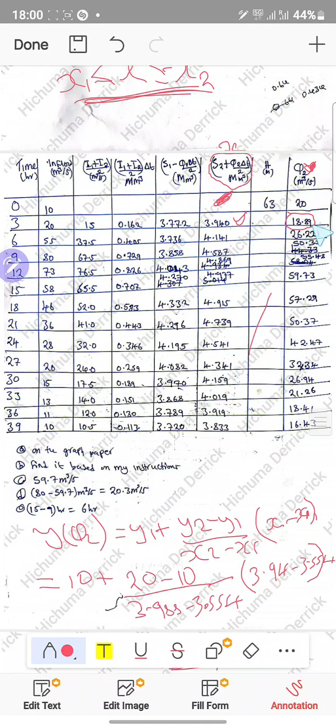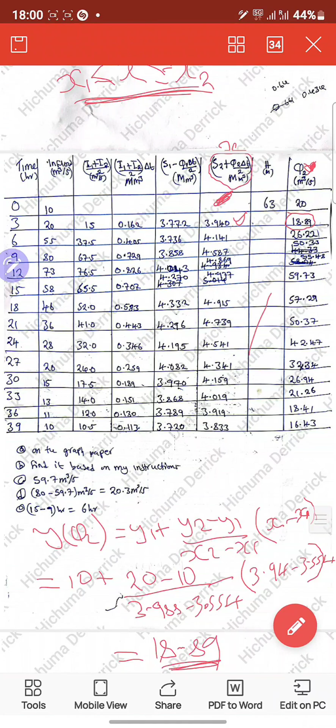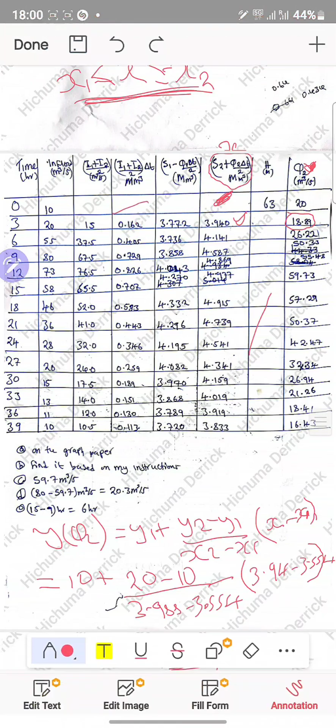Now after finding this value here, you need to find another value for this one. Remember we said this part is the first one which we did, and the calculations are here, just this other part. So this is the demarcation here.